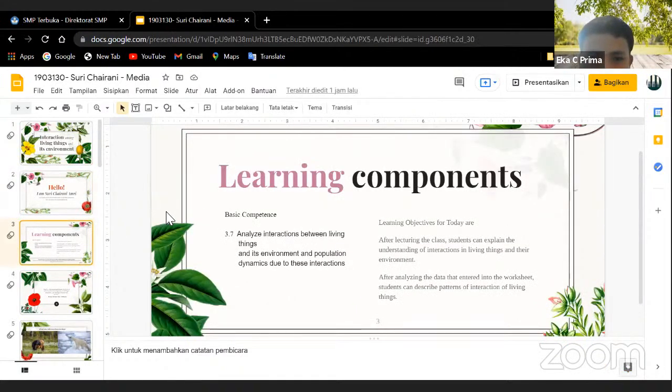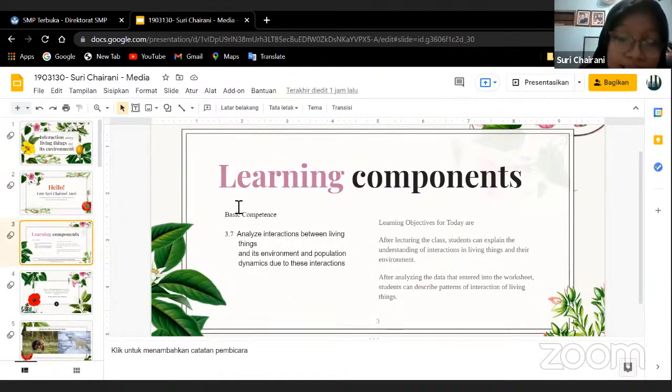And these are the learning components of today's lesson. This is the basic competence: analyze interaction between living things and their environment and population dynamics due to this interaction. And for the learning objective, students can explain the understanding of interaction in living things and their environment, and can describe patterns of interaction of living things.